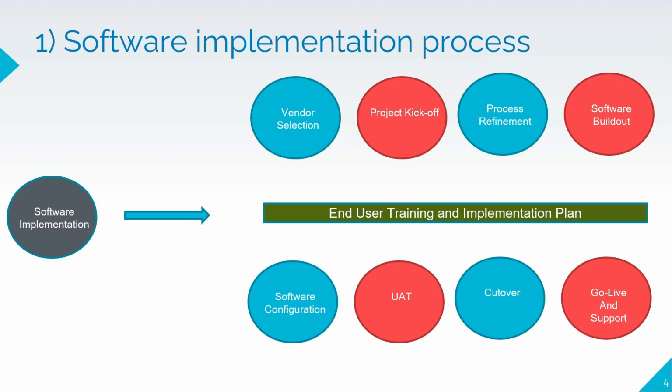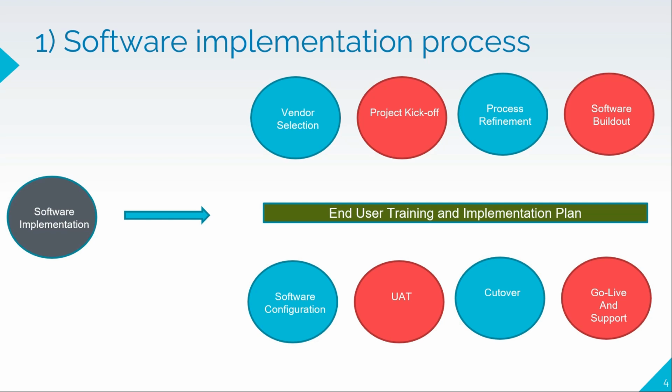The first one is vendor selection. Based on the sponsor's vision, strategy and roadmap, they will select the product software company and provide the project to the vendor. Once the project is committed, we will start the project kickoff meeting, and we will do the process redefinition.